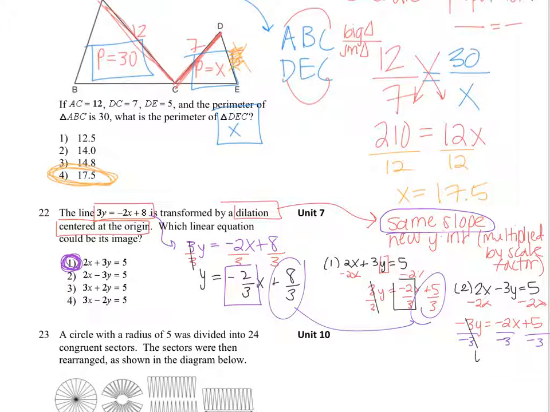I cancel, and we are left with y equals, negative divided by negative turns positive, so positive 2/3 x minus 5/3. And you can see here that this slope, 2/3, is not the same as what we had in the original equation, and remember we wanted the same slope. So choice 1 is the answer for number 22.